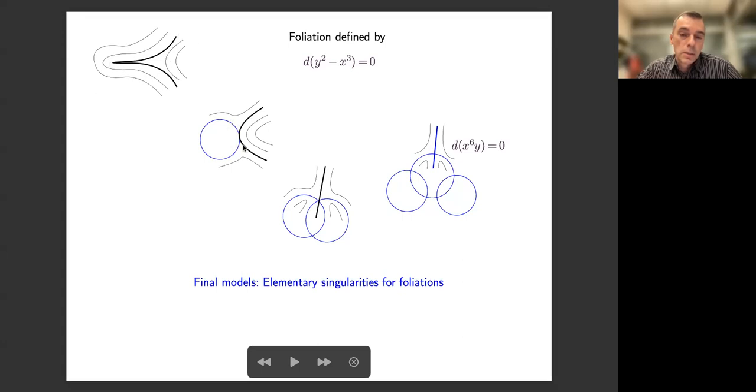This is an interesting case because the resolution of singularities of the cusp gives you also the resolution of singularities of the foliation, right? It's not always the case, even if you have a singular leaf like this. But in this case, you see that locally at each one of these points, the form which defines your foliation is given by a monomial one, right?